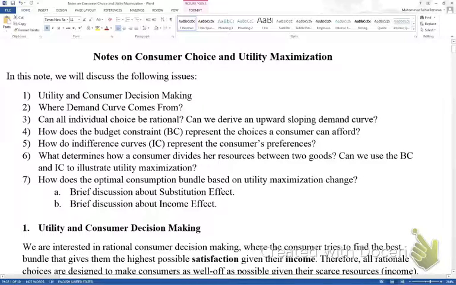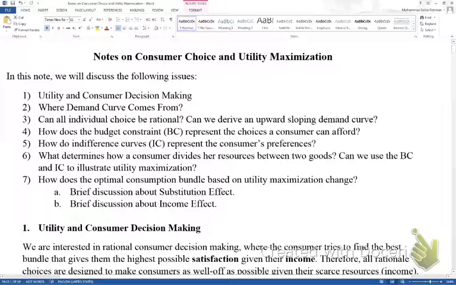At the heart of those decisions is the idea that our consumer is always trying to get the maximum possible satisfaction from his or her purchasing decisions, but those decisions are constrained by how much income they have. So our graphical illustration will indicate this constrained optimization by our consumers.